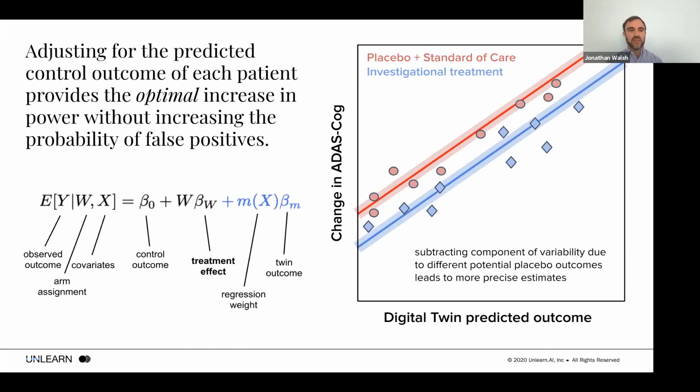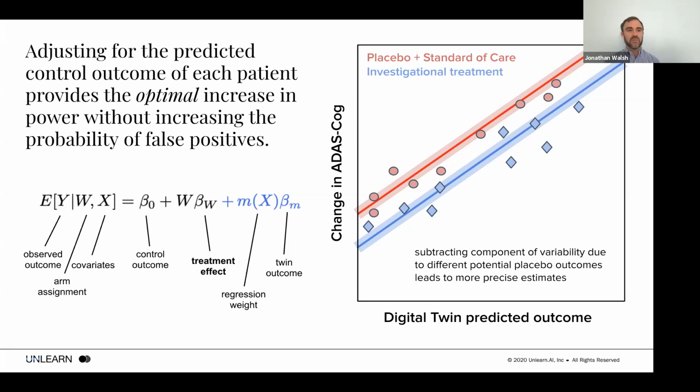So in a statistical model, these digital twin outcomes are included as an adjustment term. Mathematically, what this does is it allows digital twins to explain the variability in the observed outcomes. Since we're estimating the relationship between the observed outcomes and the digital twin outcomes, in our example, we see parallel lines for that relationship in the control and treatment groups.